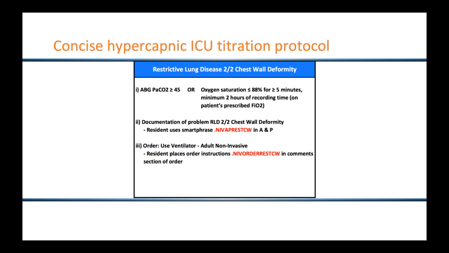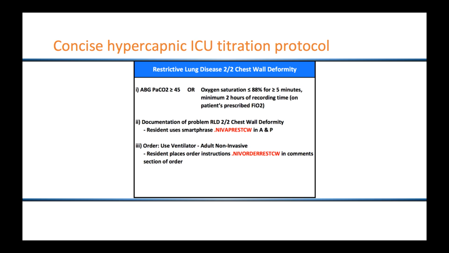Next is restrictive lung disease due to chest wall deformity. The patient needs to qualify for BiPAP for discharge, and there's two criteria. The first is being hypercapnic with a PaCO2 of at least 45 millimeters of mercury on a blood gas drawn during that admission, or being hypoxic less than 89% for at least 5 minutes with a minimum of 2 hours of recording time on the patient's prescribed FiO2.